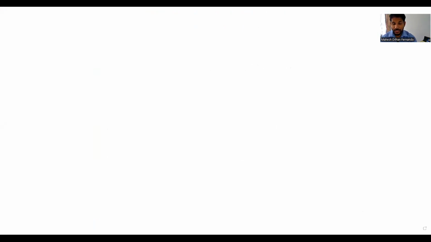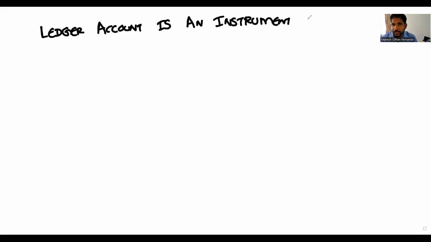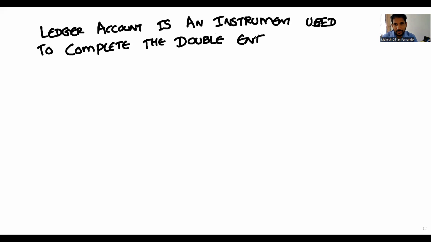A ledger account is an instrument used to complete the double entry system of transactions.